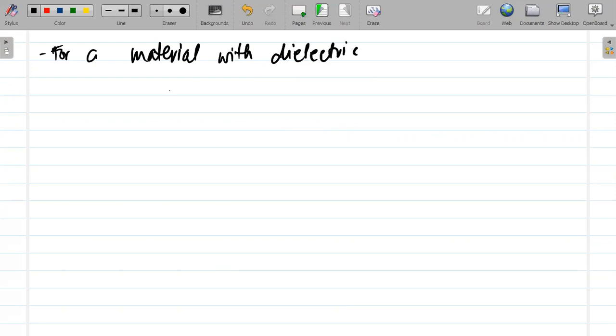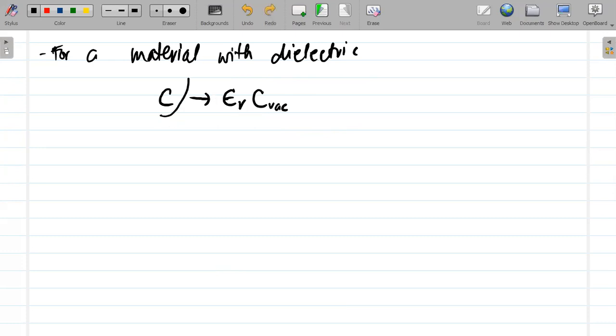Yung capacitance mo actually nagiging epsilon R times the capacitance in vacuum. Take note, dimensionless ang epsilon R. So, yung original na capacitor mo na vacuum yung laman, magmu-multiply siya ng epsilon R kapag naglagay ka ng dielectric material.